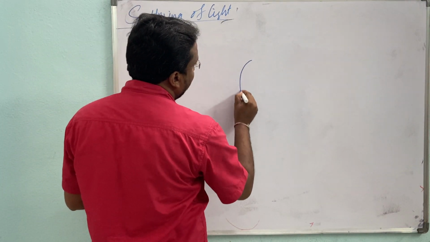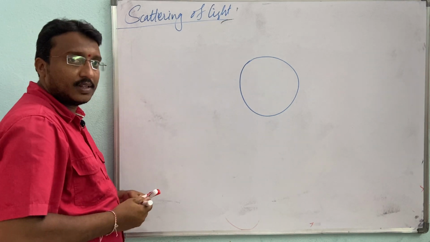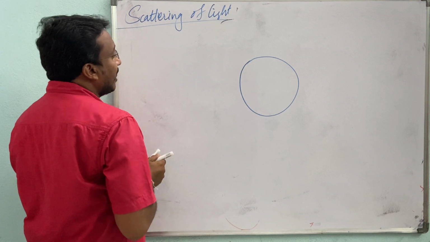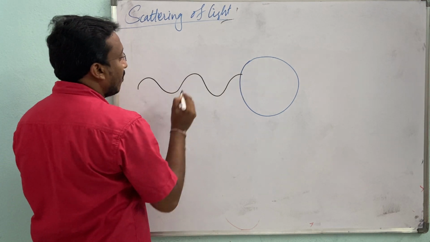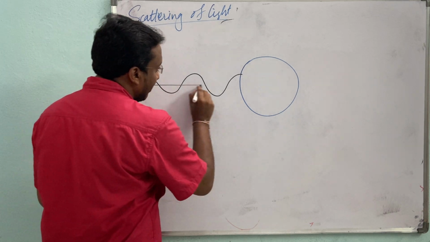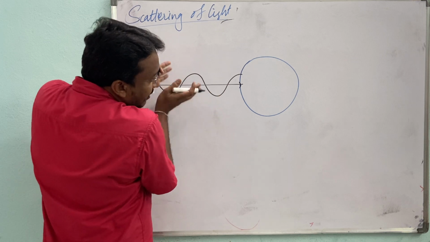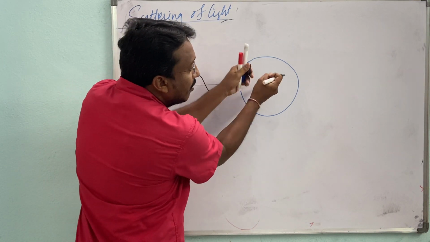For example, this is an atom. When white light falls on it, it absorbs the light which falls on the atom or molecule.